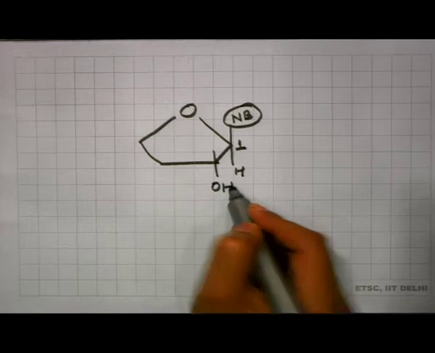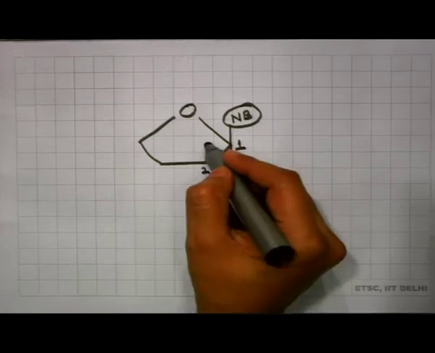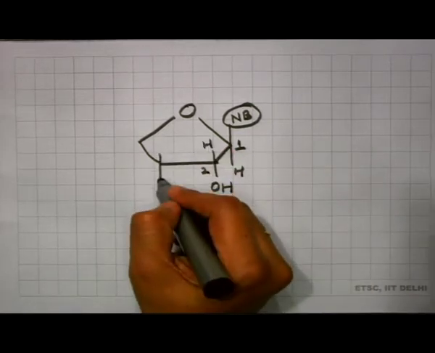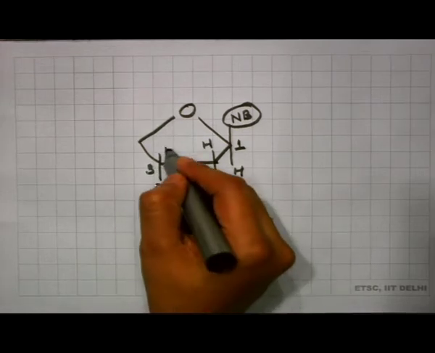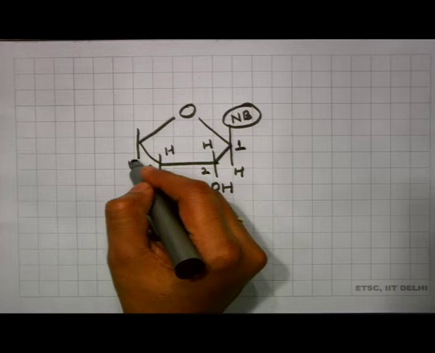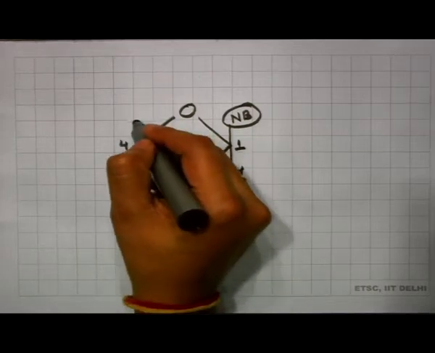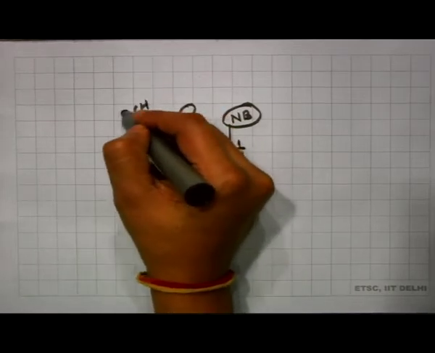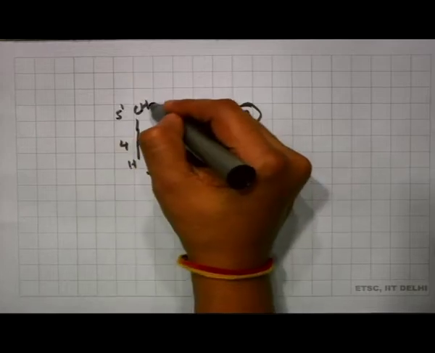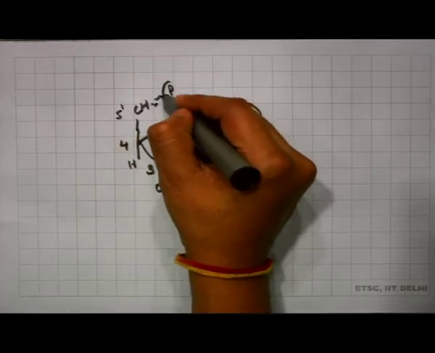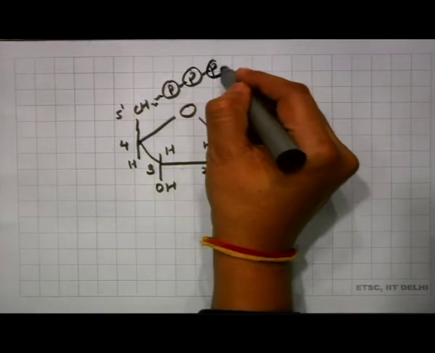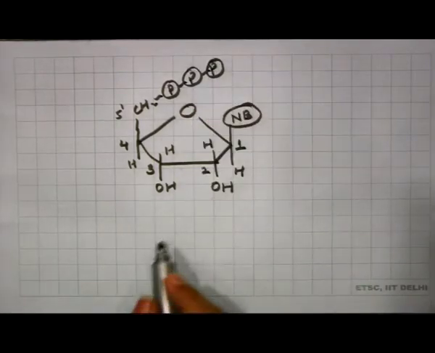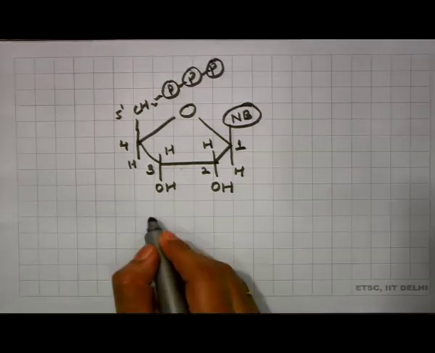It is a ribose sugar, so at the second carbon an OH is there, at the third carbon an OH is there, this one is the fourth carbon, and here is the fifth carbon, and at the fifth carbon there are 3 phosphates. So, this particular nucleotide is called ribonucleoside triphosphate.